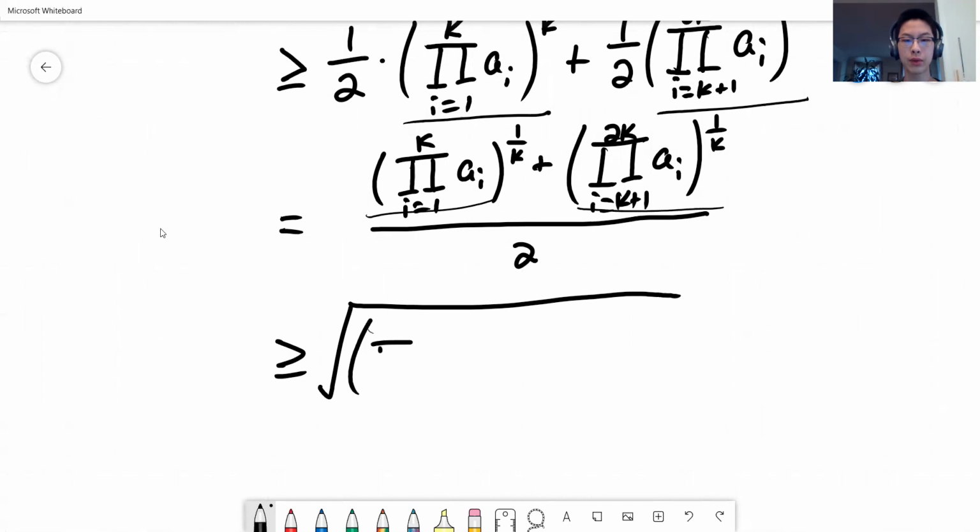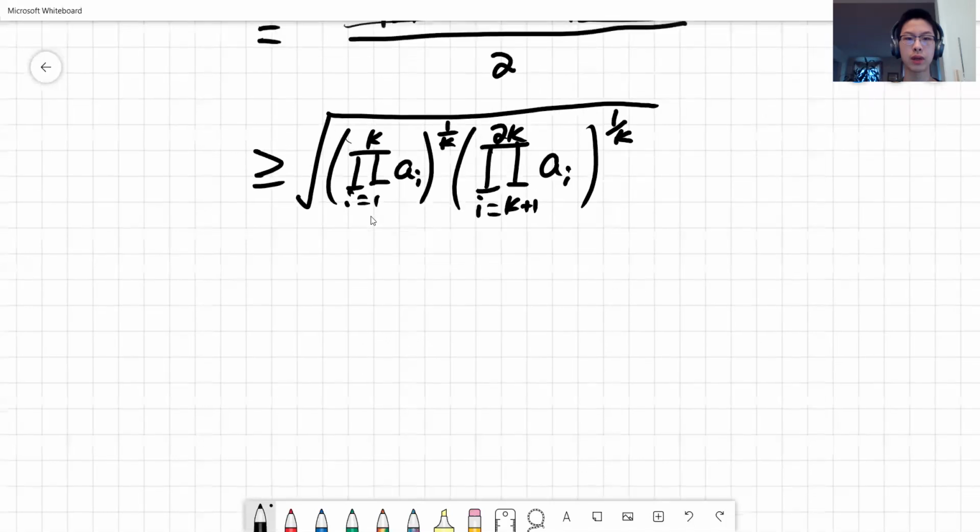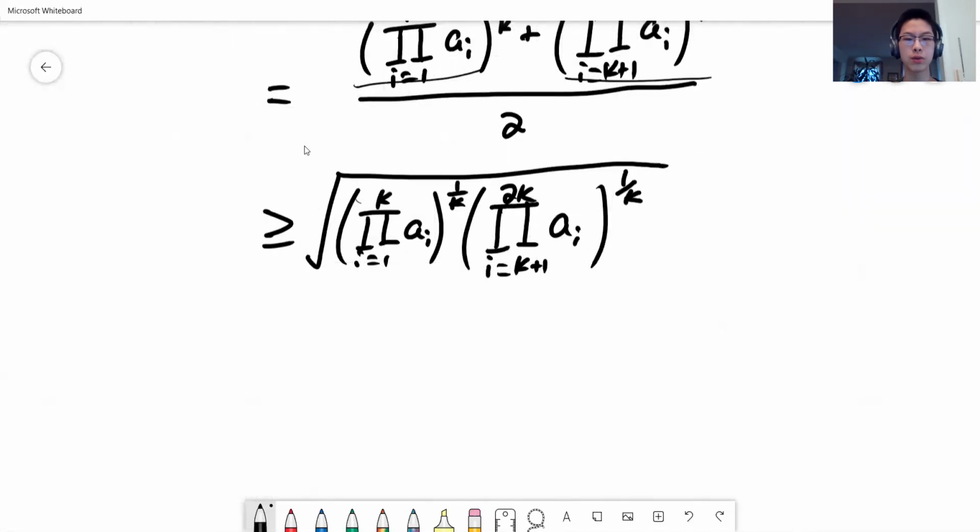So let me write that out. It's the product from i equals 1 to k of a sub i to the 1 over k, and then times the product from k plus 1 to 2k of a sub i to the 1 over k. And then we can do some combining, right? So we can turn this square root into an exponent of 1 over 2. So we're going to combine these two things, because they share the same exponent.